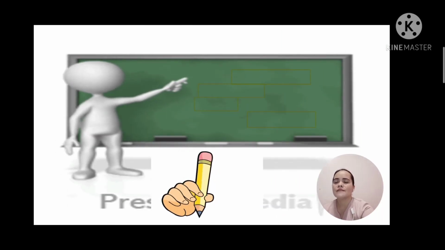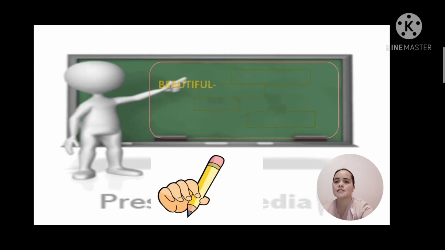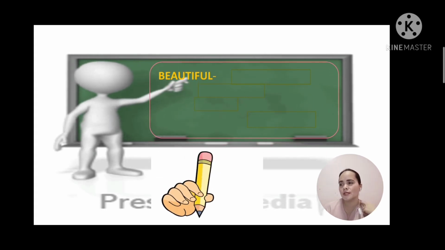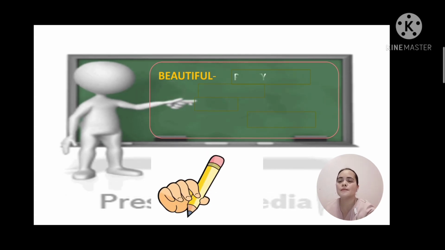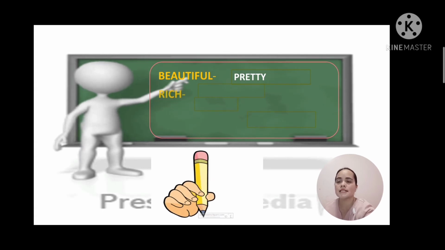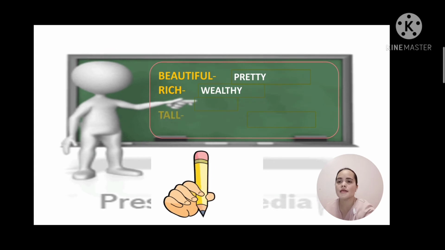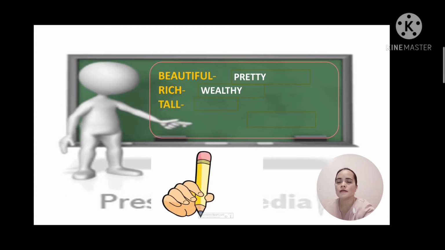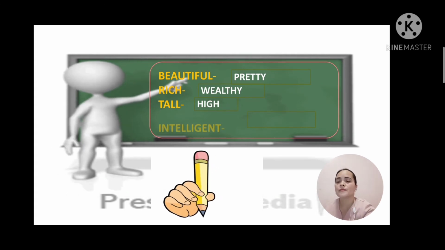Now, I just have here a quick example of synonyms. I just would like to emphasize something important here. So let's have first synonyms for beautiful: pretty. Rich: yes, it's wealthy. Tall: yes, it's high, or it could be large or huge.